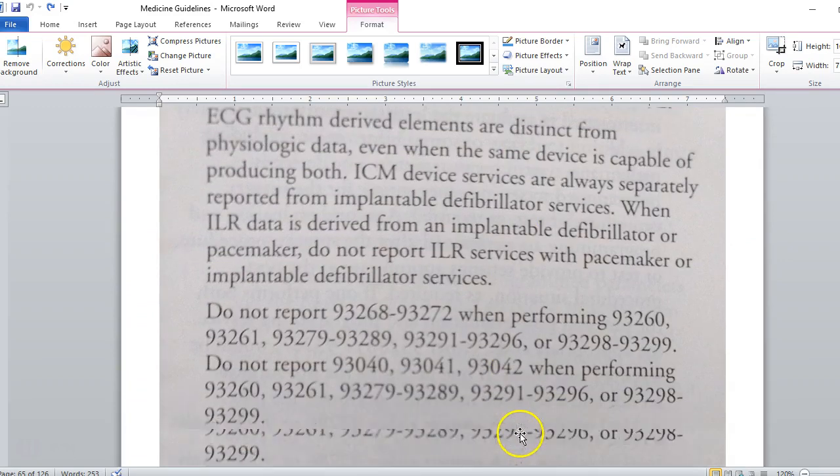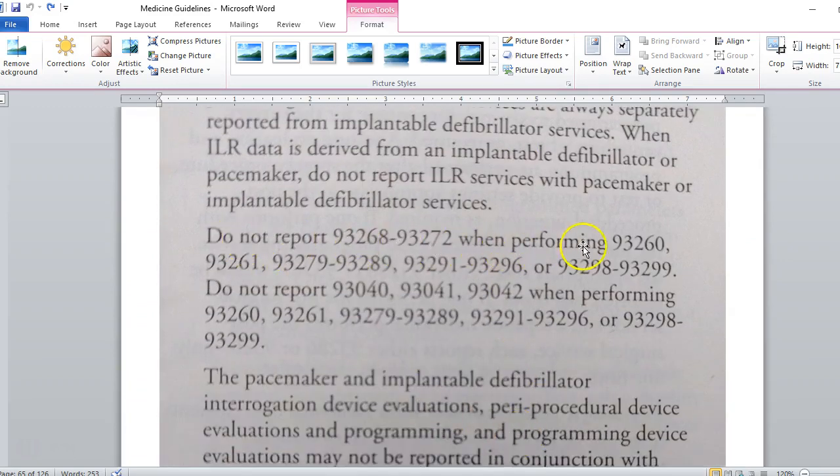Now, a lot of times, again, there's a lot of do not reports. So keep in mind, we have do not reports in the guidelines themselves. We also have do not reports underneath the codes themselves. So again, pay attention to your notations as well as your guidelines.